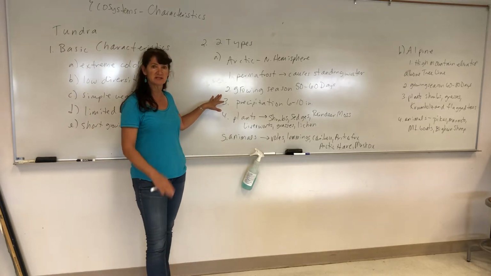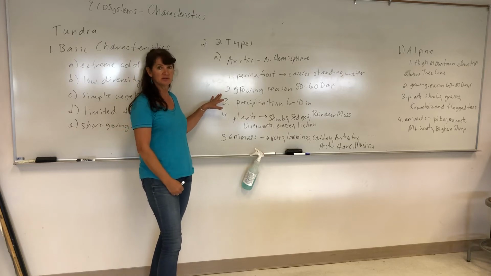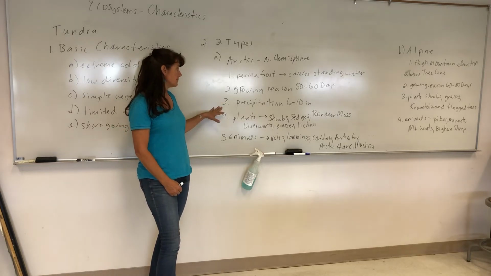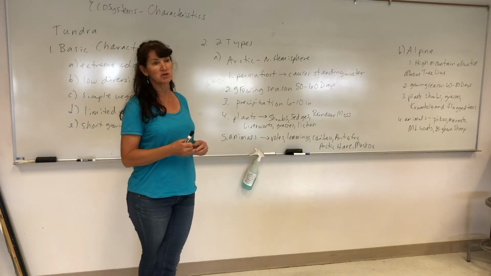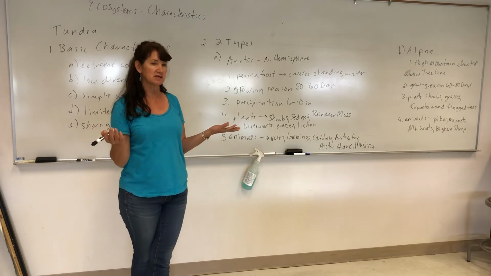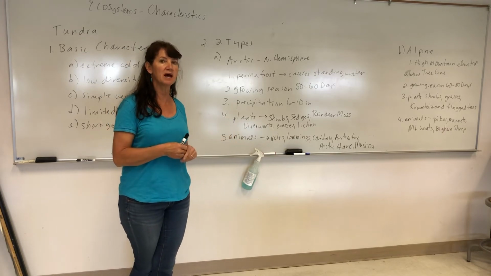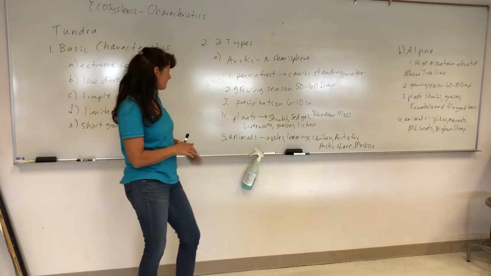So your growing season though is short. It's only 50 to 60 days in the Arctic tundra, so plants have to really do their whole cycle in a short period of time. Precipitation, they only get 6 to 10 inches of moisture, which puts it into the realm of desert. We like to think of the Arctic as being very snowy and cold, but the reality is they don't get much precipitation. It just stays for a long time.